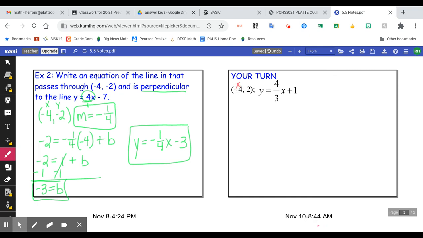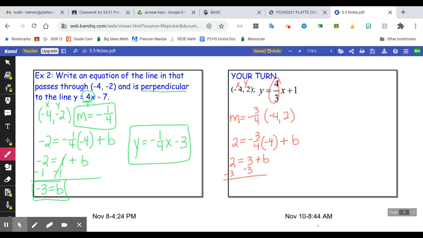So here's my x, here's my y. This is the slope they gave me, so mine has to be opposite, negative, reciprocal, 3 over 4. And again, point is negative 4, 2. So here we go. 2 equals negative 3/4 times negative 4 plus b. 2 equals, this guy gives me 3 plus b.